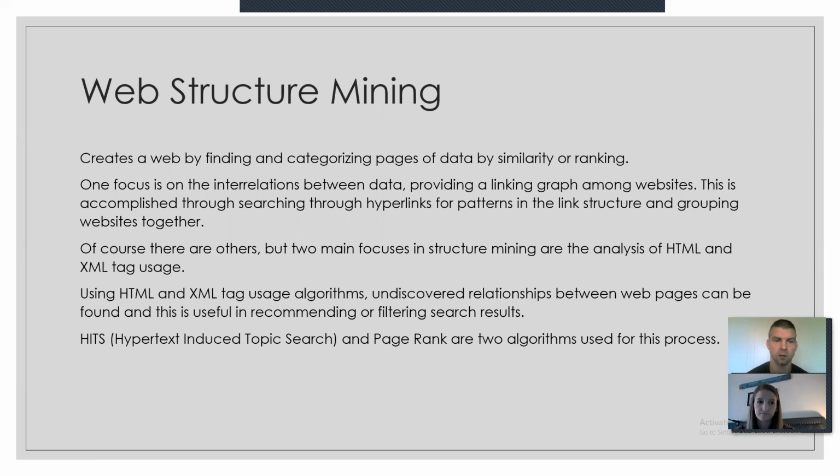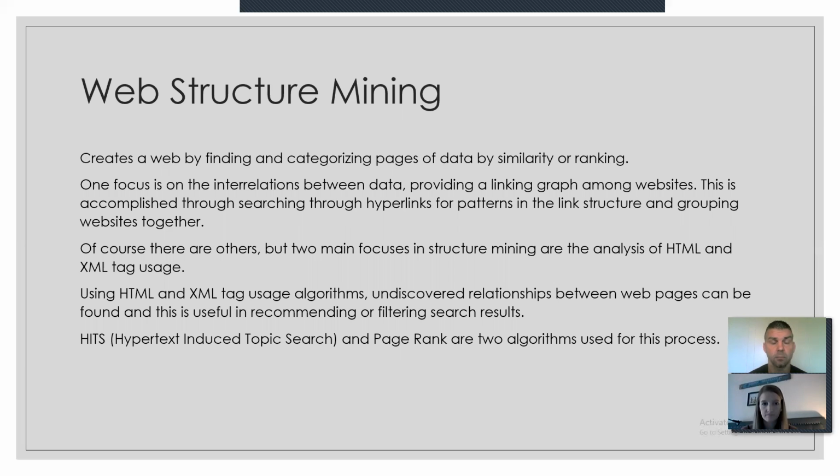Of course, there are other mechanisms to do so, but two main focuses that we used in our survey papers were the structure of HTML and XML tag usages. Using HTML and XML tags within an algorithm, basically undiscovered relationships between web pages can be found, and this is useful in recommending or filtering search results.